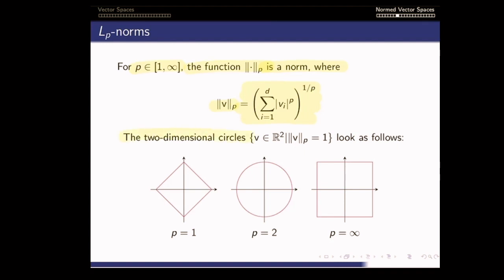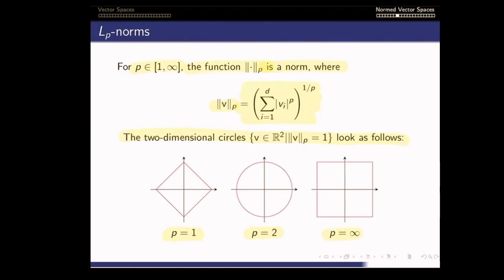The 2-dimensional circles, which are the points that have a distance of 1 from the origin, look as follows. For the Manhattan norm, we get this diamond shape. For p equals 2, we get the normal circle. And for p equal to infinity, which computes the maximum of every coordinate, we get this square.